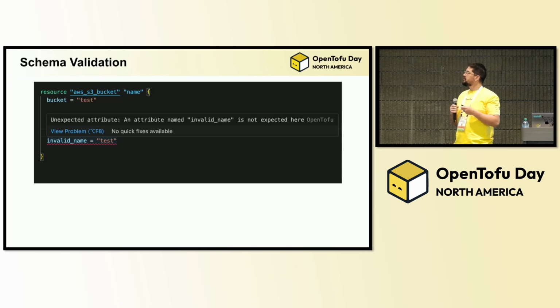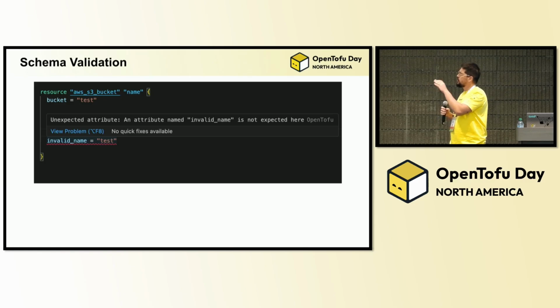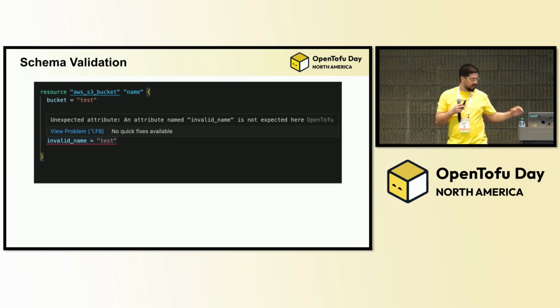Okay, so the second feature that I would like to talk about is the schema validation. For this example, you have a resource, AWS S3 bucket with a name, and there's a valid attribute, bucket test. These resources have specific attributes that are supported for them.